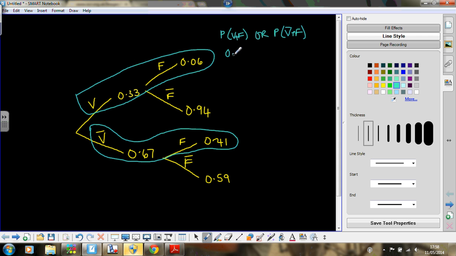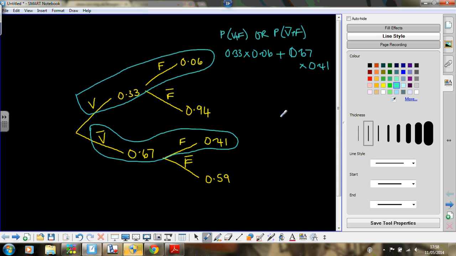So we've got 0.33 times 0.06, plus for the or part, 0.67 times 0.41.